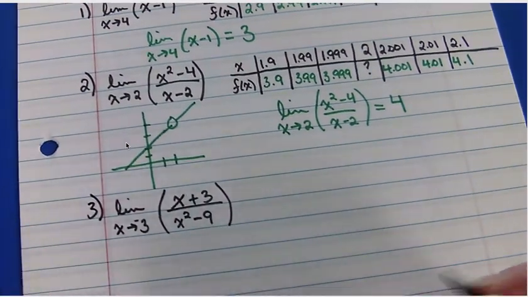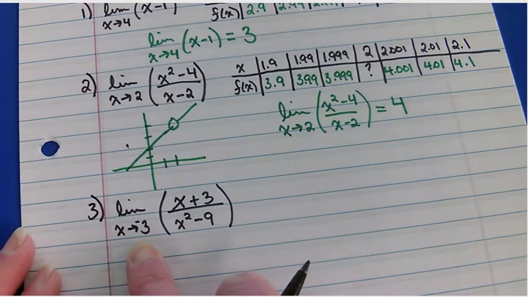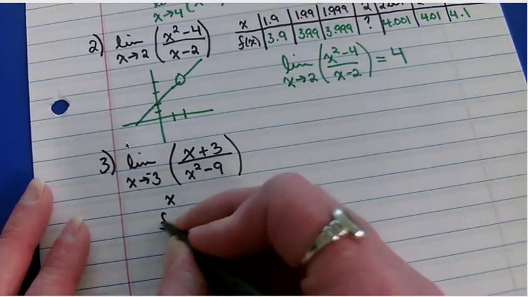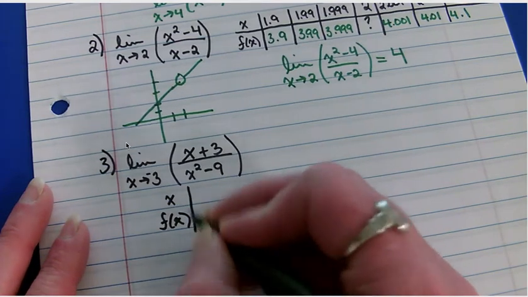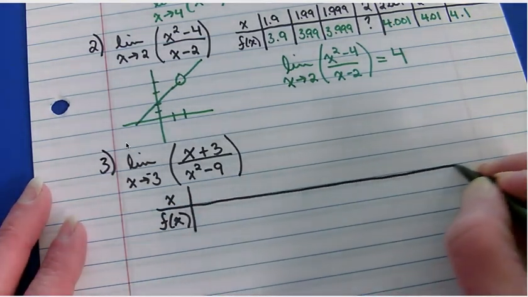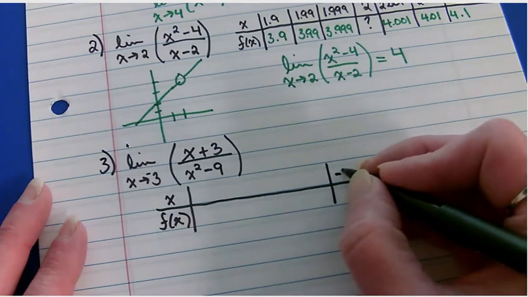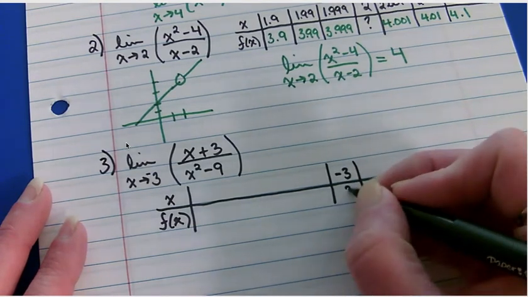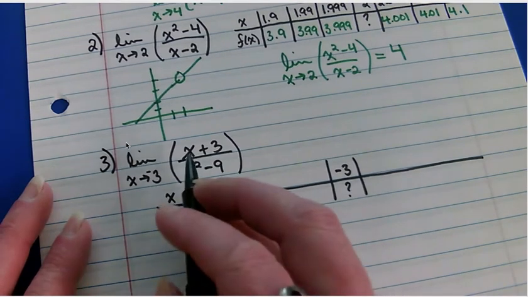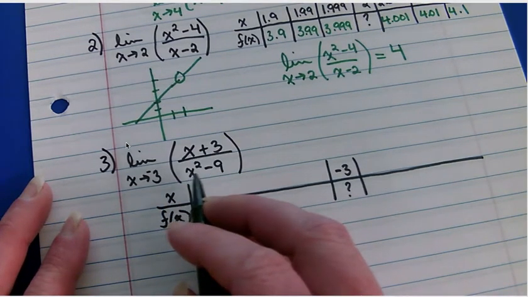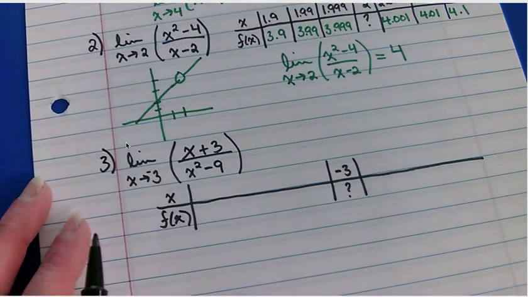Again, we're going to make our table. I decided on a negative x value because I wanted us to think about how that table would look. Negative 3 is going to be in the middle. Negative 3. Don't care what happens there, but what would happen there? Negative 3 plus 3. Negative 3 squared is 9 minus 9. It'd be a bad, bad number.